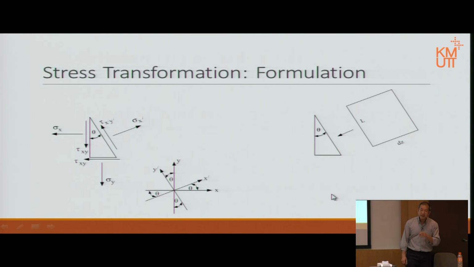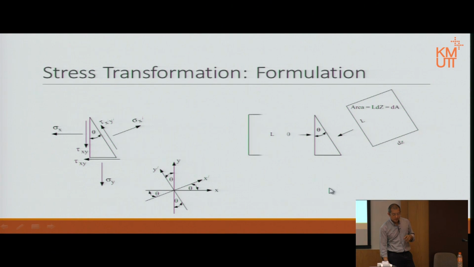Now, let's say that this length here is L, capital L, and the depth is dz. So if you look at this view, you will see a rectangle with the area of L times dz, right? So, let's call that dA. dA is only on that one, not this triangle, but this rectangle when you look at this view.